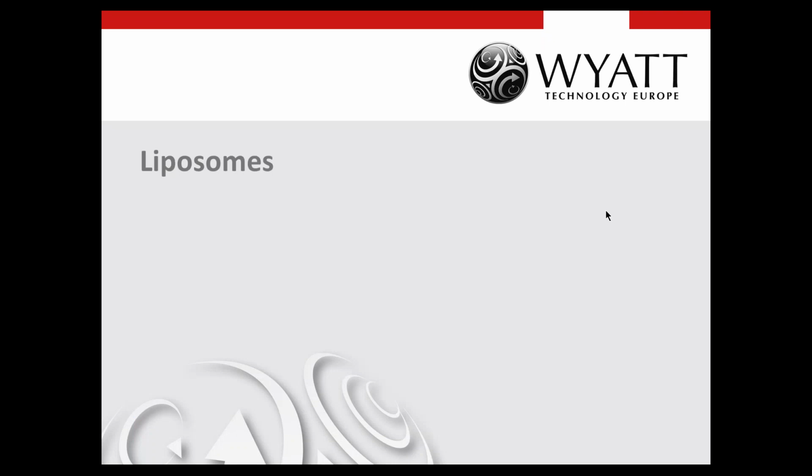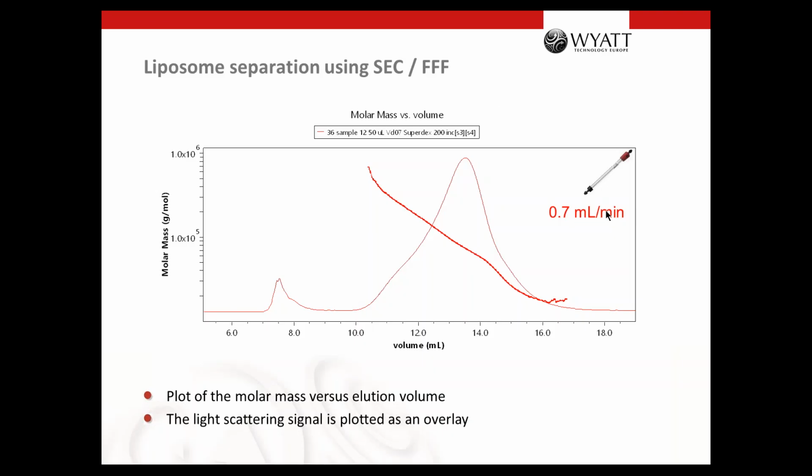And the last example I want to show you are liposomes. Liposomes are also very fragile because normally they are round particles formed by a layer of fatty acids. And what you see here was a nanodisk.